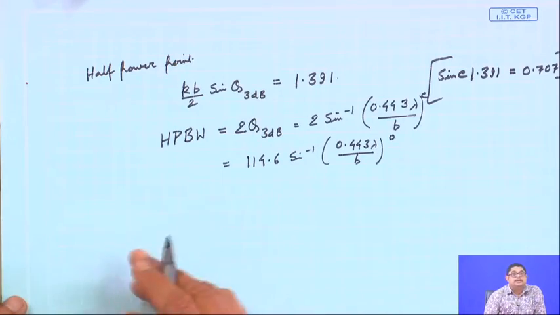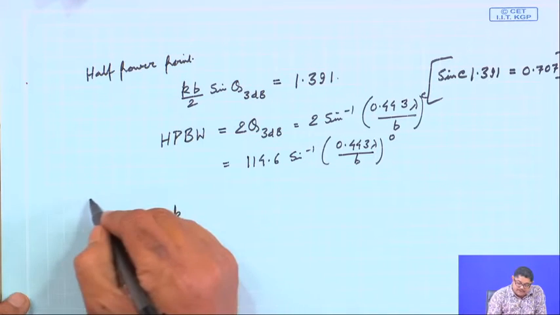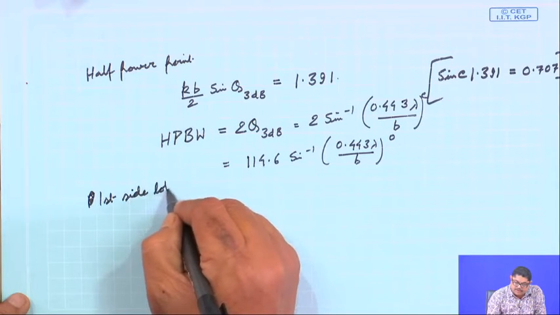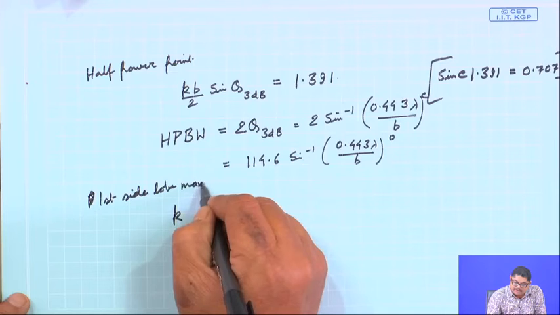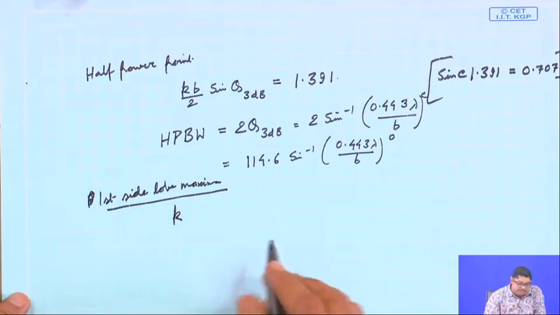Similarly, the first side lobe maximum, where does it occur? That is again a known thing. For a sinc function this value is known.